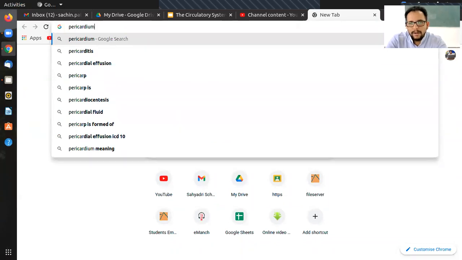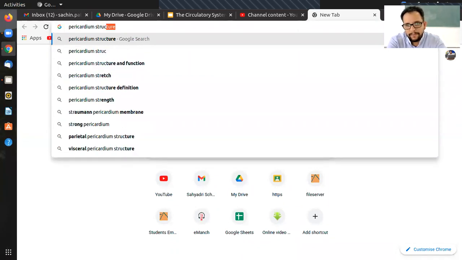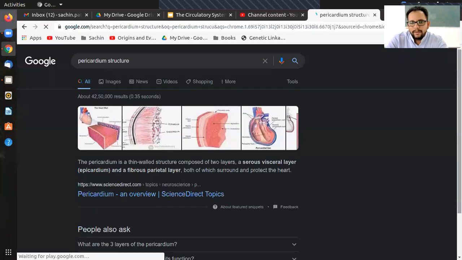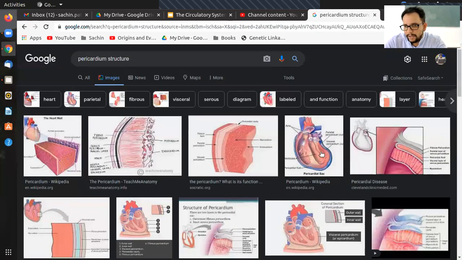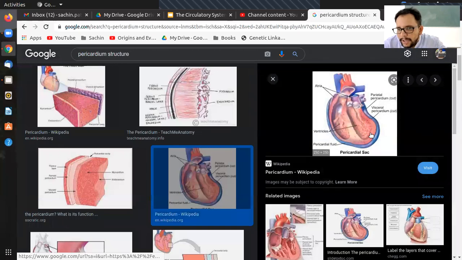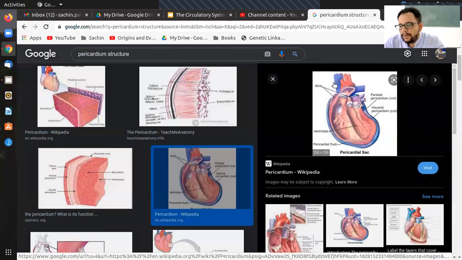Pericardium structure. Not this structure I want. Yeah, this diagram should be good, around the heart. If you see this blue part, around the heart there is a pouch or cavity-like structure which is filled with pericardial fluid.